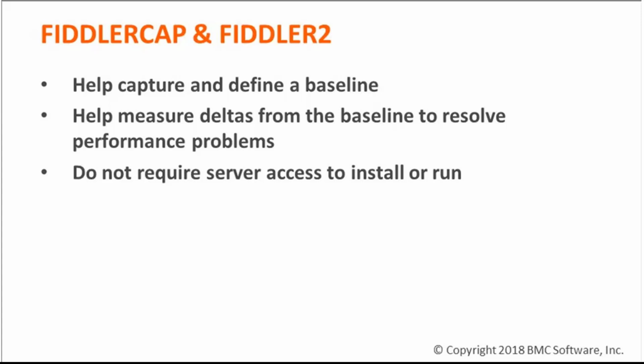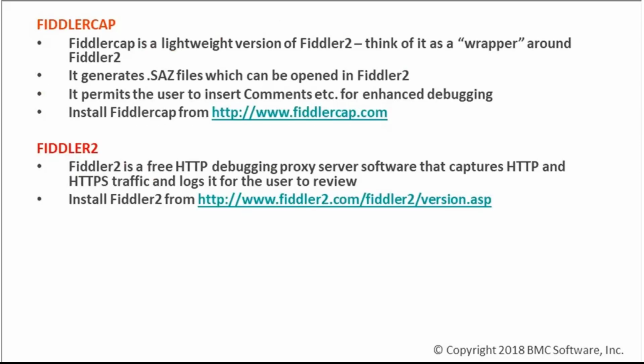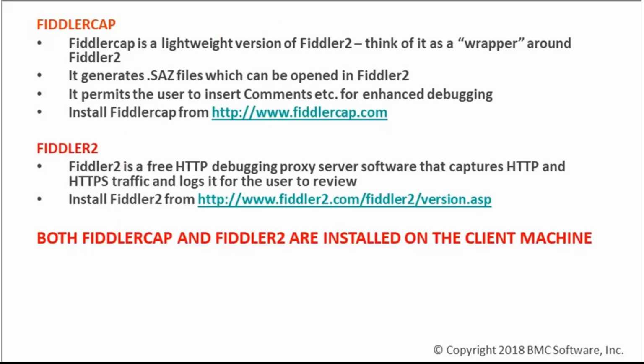Fiddler Cap and Fiddler do not require server access to install or to be run. Fiddler Cap is a lightweight version of Fiddler. I like to think of it as a wrapper around Fiddler. It generates archive files, and the extension is .saz. You can open these in Fiddler 2 too. It lets you insert comments and actually take screenshots while you're performing the use case and capturing the traffic.